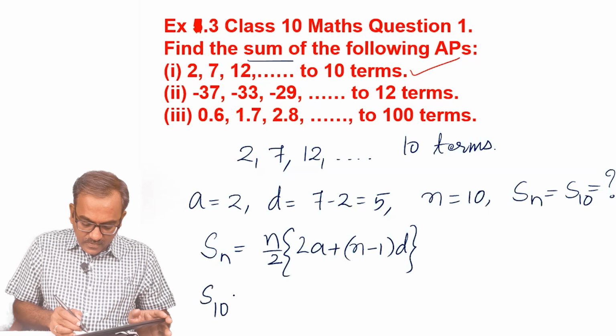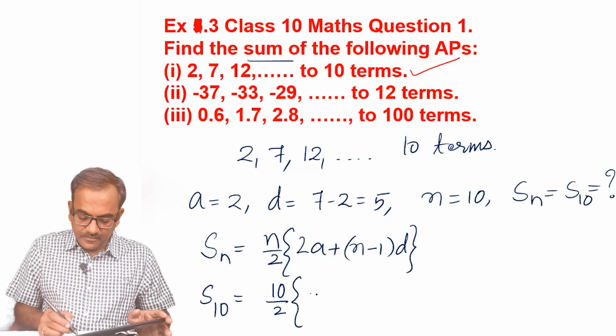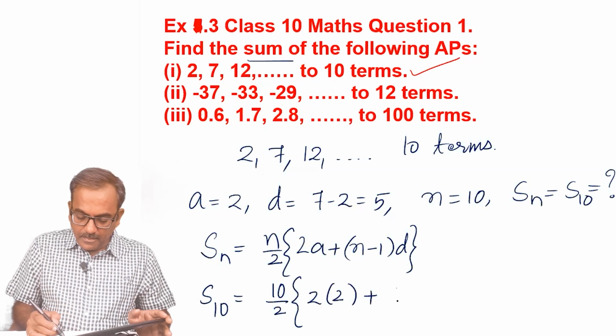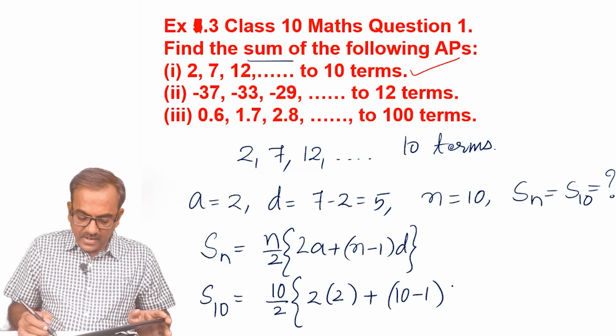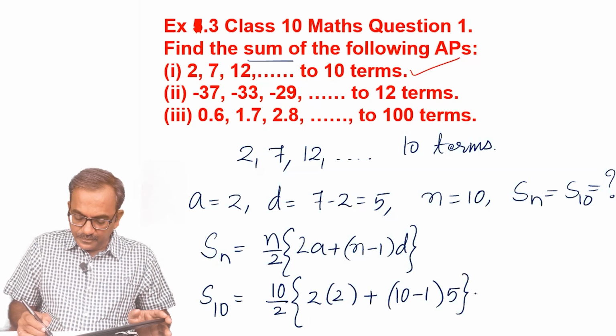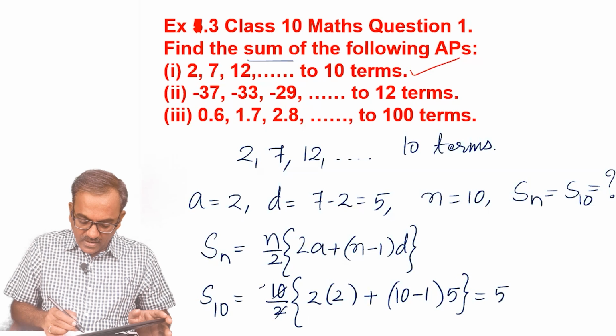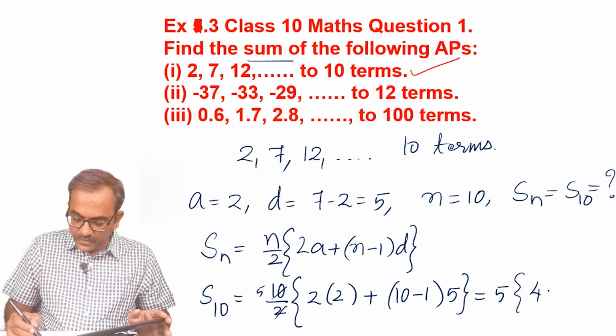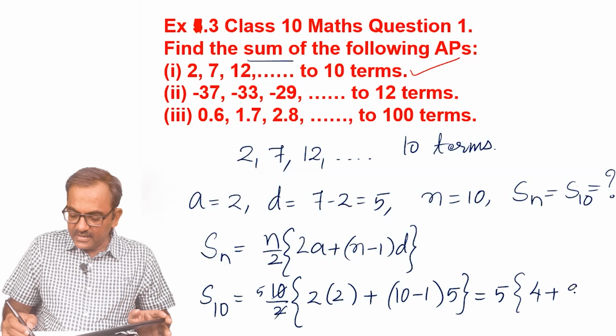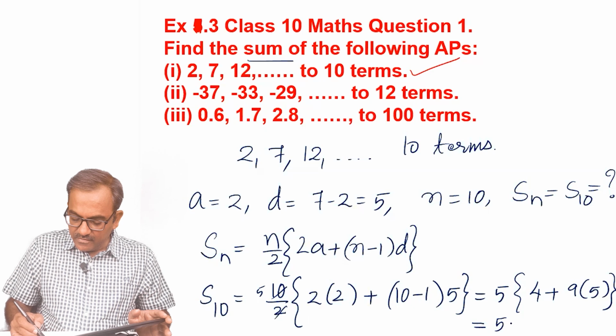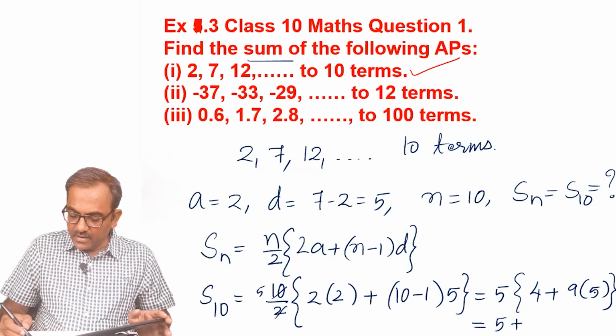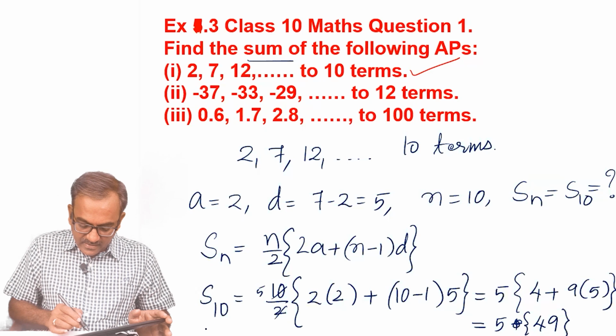So S10 is equal to, substituting n as 10, 10 by 2 times 2 times 2 plus 10 minus 1 times d, that is 5. So it is 5 times 4 plus 9 times 5, which is 5 times 4 plus 45, that is 49.